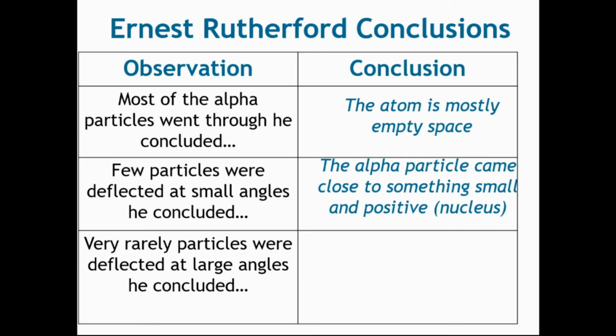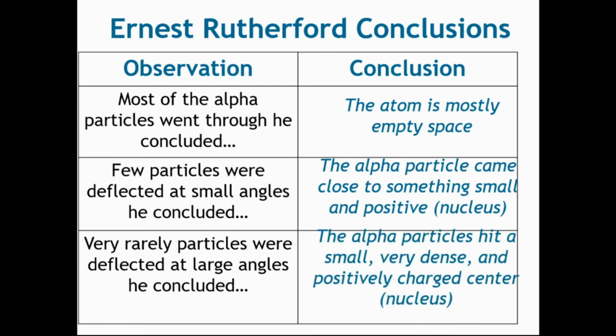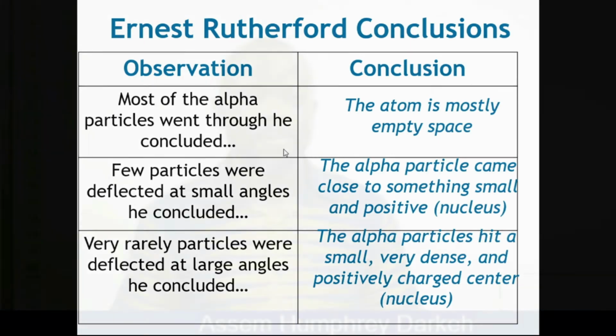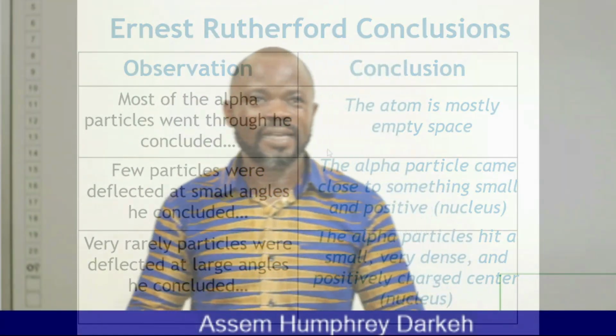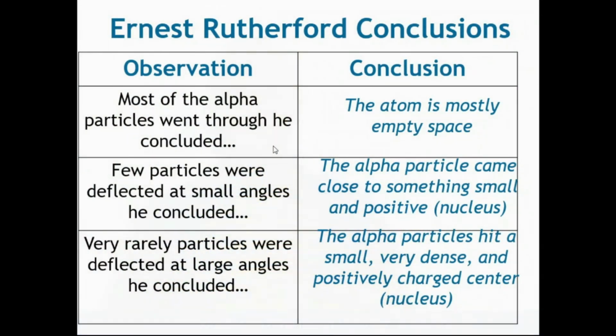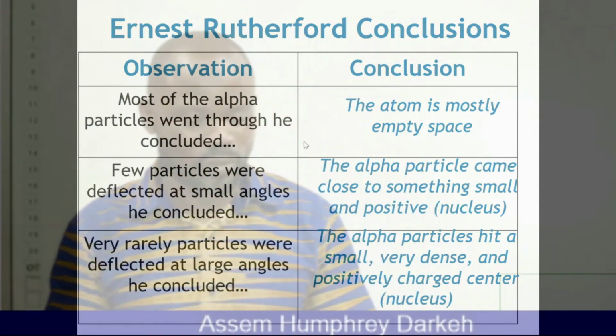The third observation, very rarely particles were deflected at large angles, and this conclusion was also made by Ernest Rutherford, that the alpha particles hit a small, very dense and positively charged center, again, which we can call the nucleus.